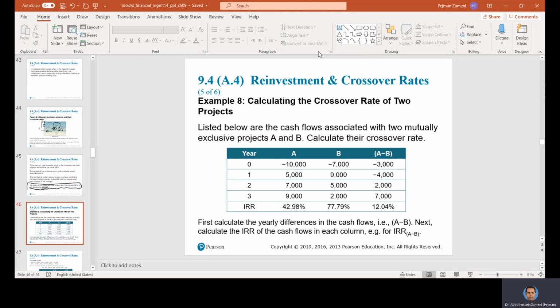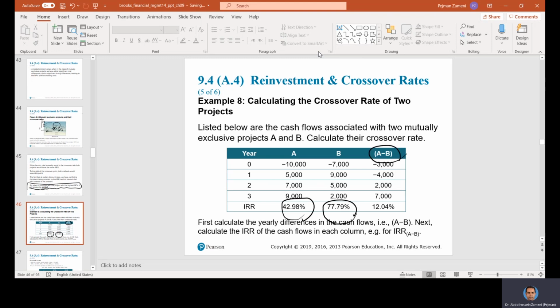If you remember, NPV equal to 0 gives us the IRR for Project A and the IRR for Project B. How do we find the crossover rate? Then we follow this technique, incremental.